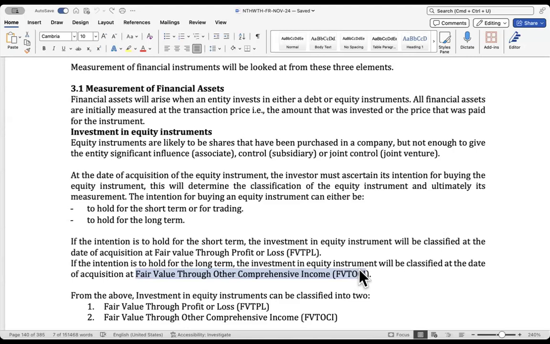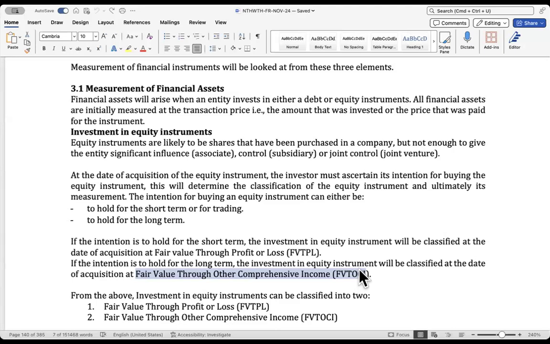So as an accountant, when you see that this company bought shares and they have described that account as investment in equity at fair value through P/L, you should know that their intention is to hold it for the short term or for trading. But if they classify it at fair value through OCI, then you should know that their intention is to hold it for the long term.